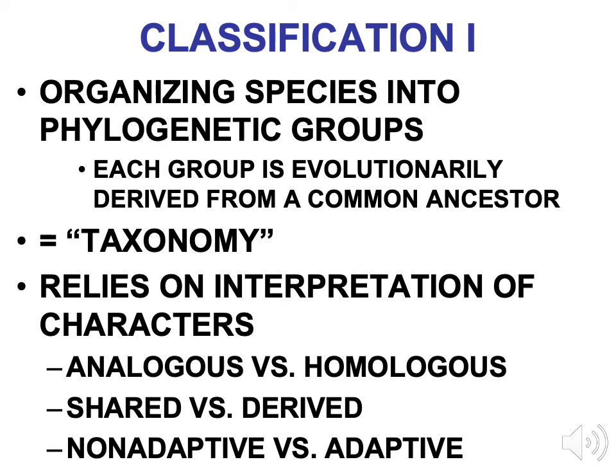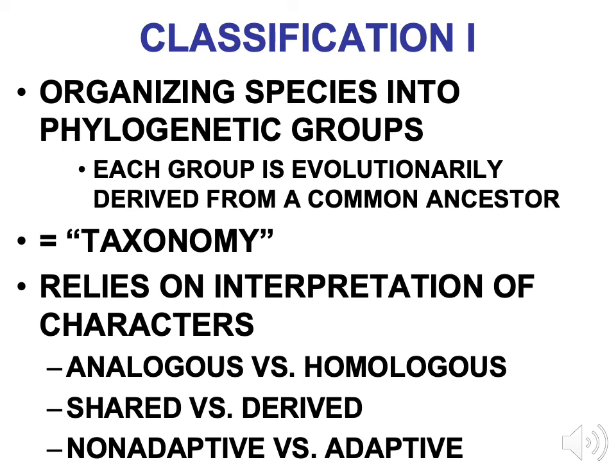Now, that ancestor may have existed a long time ago, and that ancestor is going to demonstrate some characteristics that indicate some degree of similarity with the groups that we see today. So when we organize these species into phylogenetic groups, it's classification, but sometimes we also call that taxonomy.